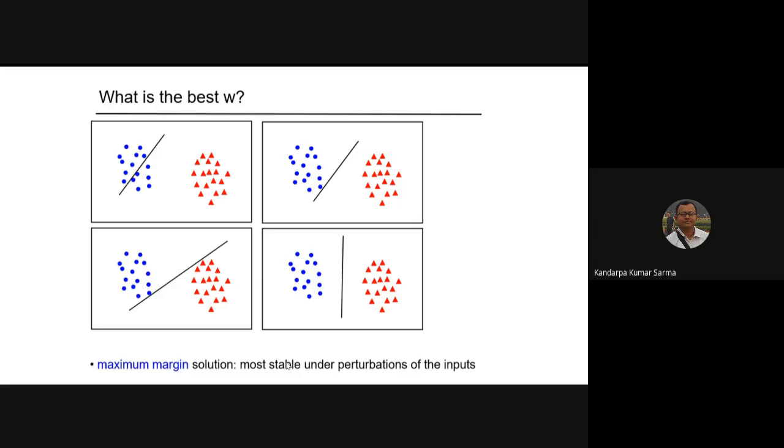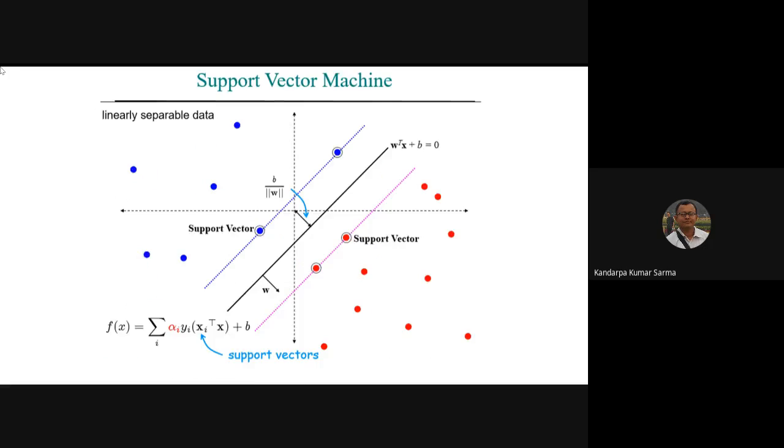Now, this results in a maximum margin solution, most stable under perturbations of the input feed. So, despite multiple variations in the pattern feed, a maximum margin is generated. This particular maximum margin generation is one of the goals of the support vector machine technique.